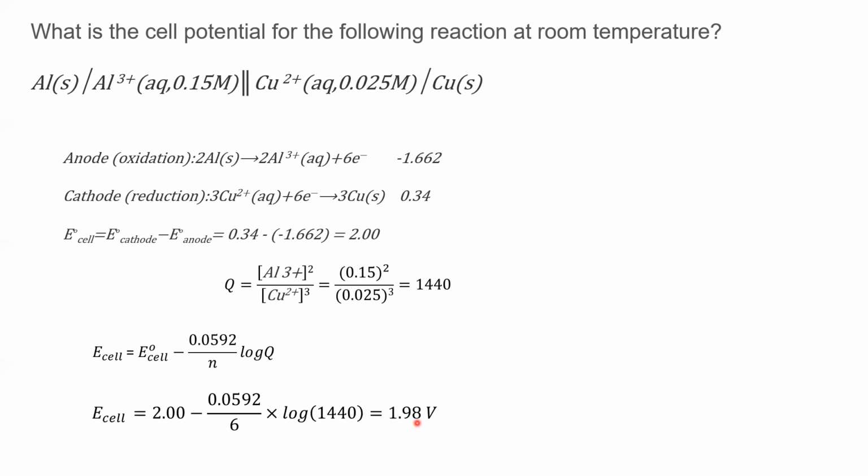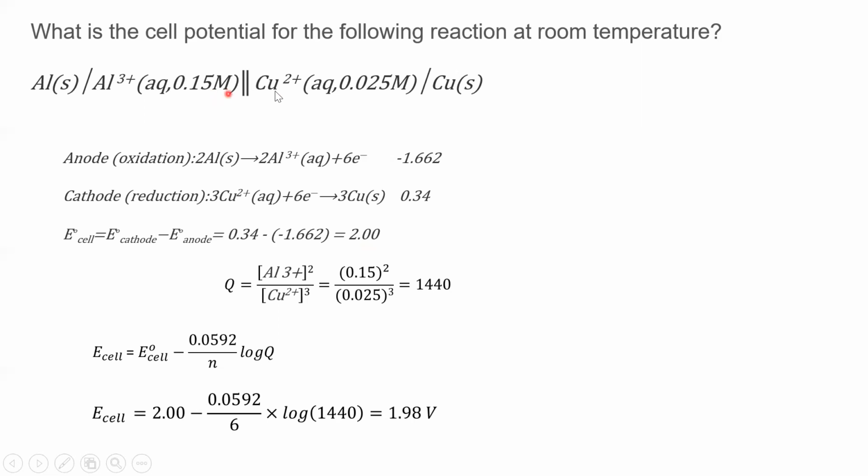Okay, so let's look at that for a second. If the concentration of aluminum ions was 1 and the concentration of copper ions was 1, this would be a standard cell. And if this were a standard cell, the voltage across that cell would be 2.00 volts.